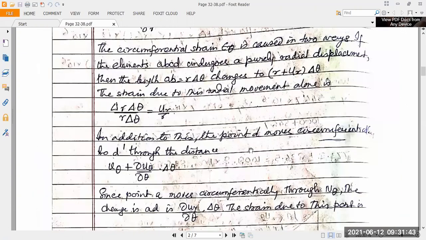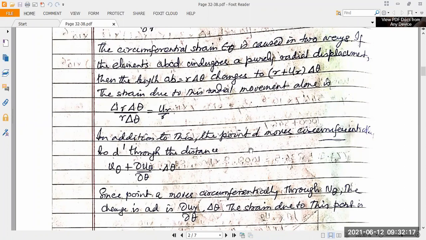So the point D moves circumferentially to D dash through a distance equal to u theta plus the rate of change of u theta with theta multiplied by delta theta. Originally the subtended angle between these two positions was delta theta, and after deformation the angle at the origin is equal to delta theta itself.